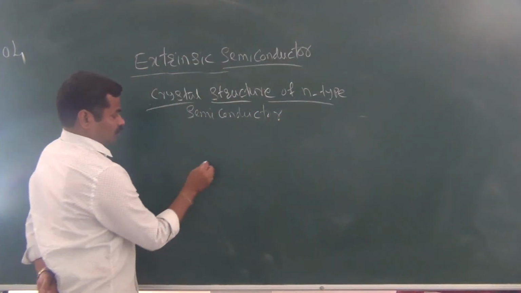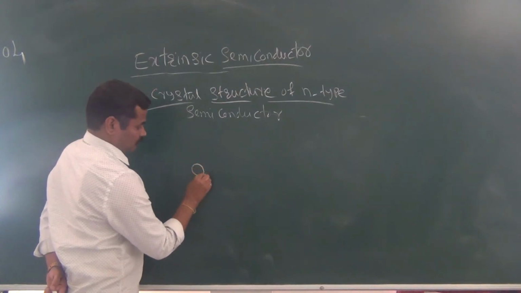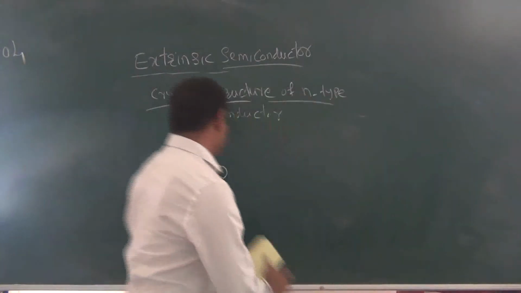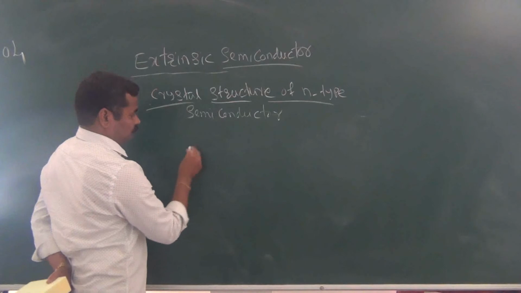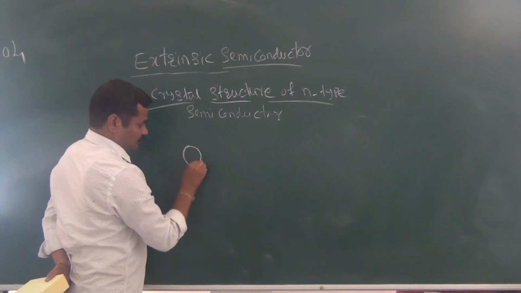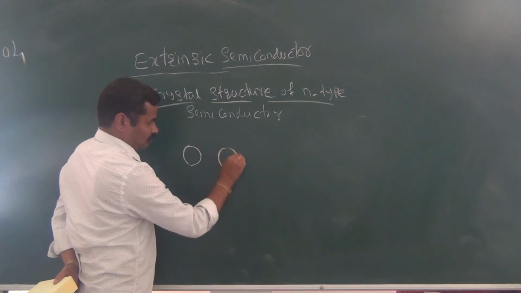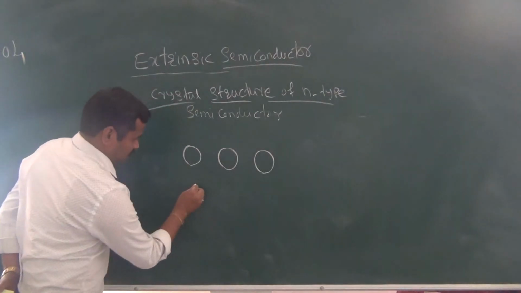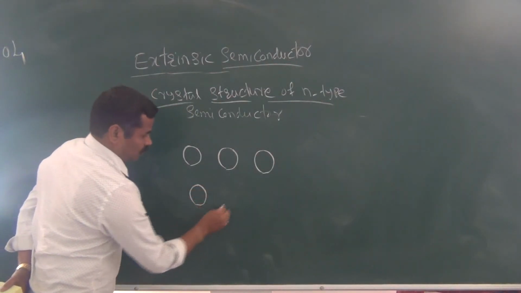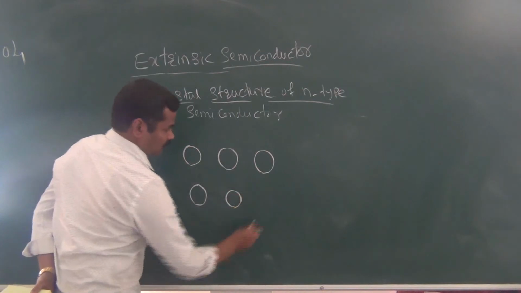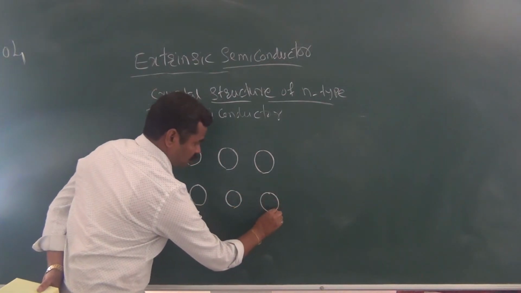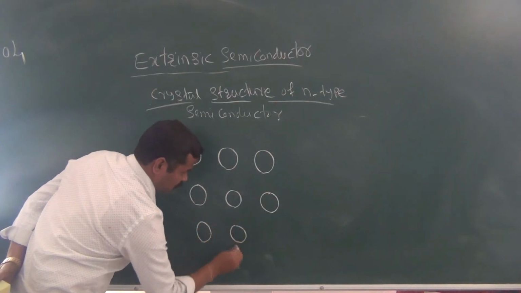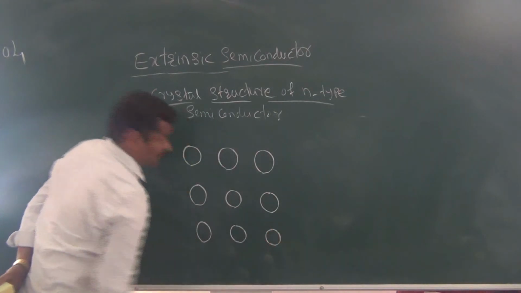Look here, draw the crystal structure, and you can understand very easily the formation of the N-type semiconductor.